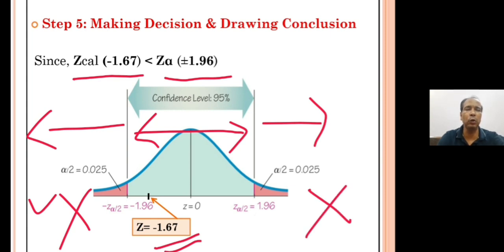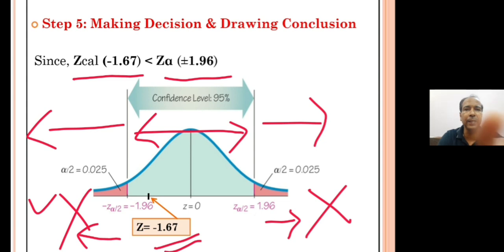If the value of Z calculated is greater than plus 1.96, it will fall in the red zone, and the null hypothesis will be rejected. If the value of Z calculated falls in the left side red zone, beyond minus 1.96, then the null hypothesis will be rejected.